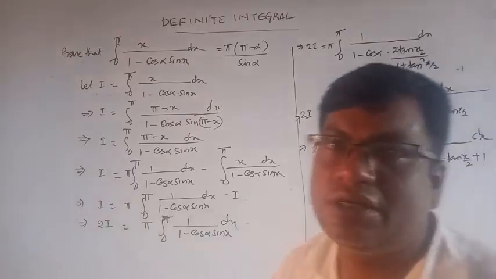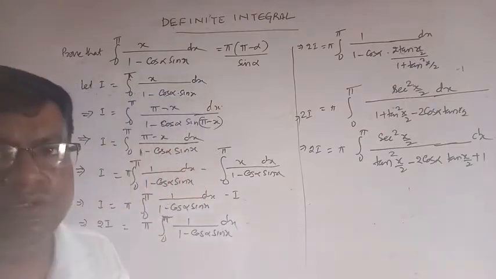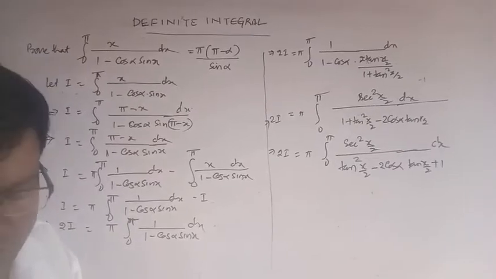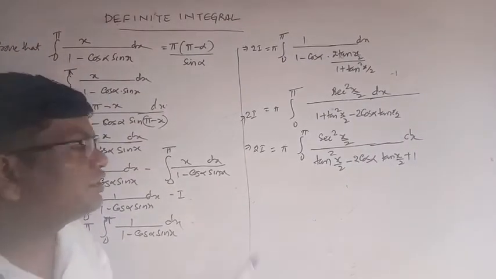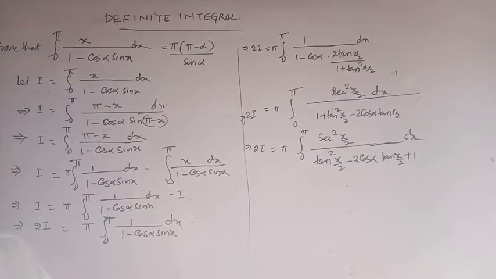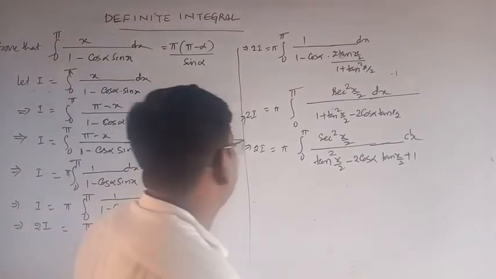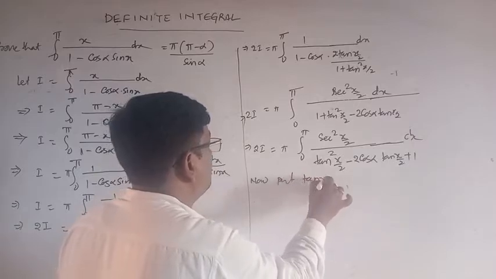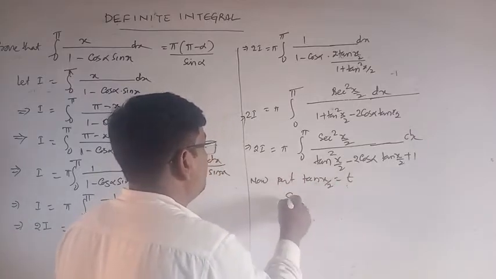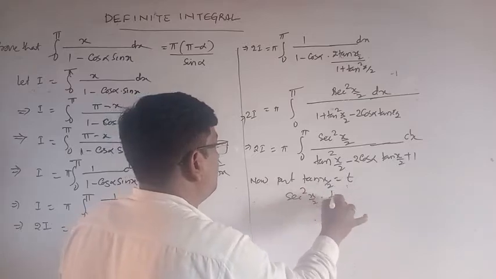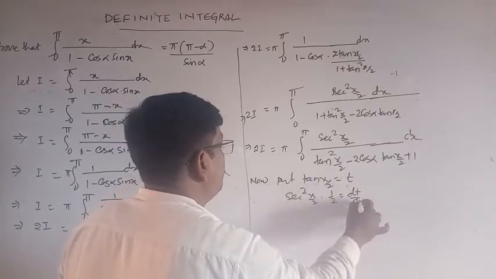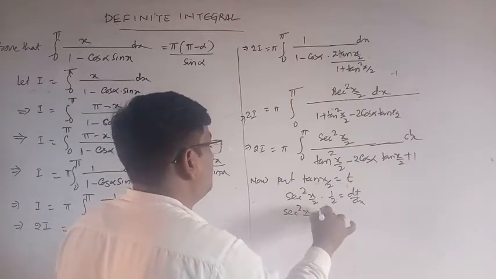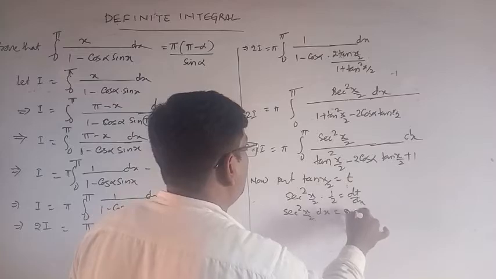Okay, now put tan x by 2 is equal to t. Then sec square x by 2 times 1 by 2 dx is equal to dt, or sec square x by 2 dx is equal to 2 dt.